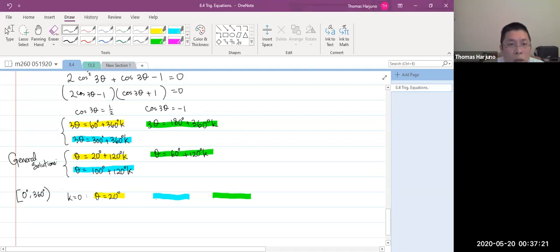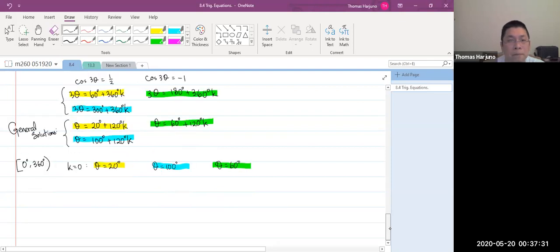For the blue one, 100 degrees. For the green one, 60 degrees. Now, because the multiple is 3 theta, your k will be moving from 0, 1, and then 2. Now, you can try 3 later on. You will see it doesn't work.